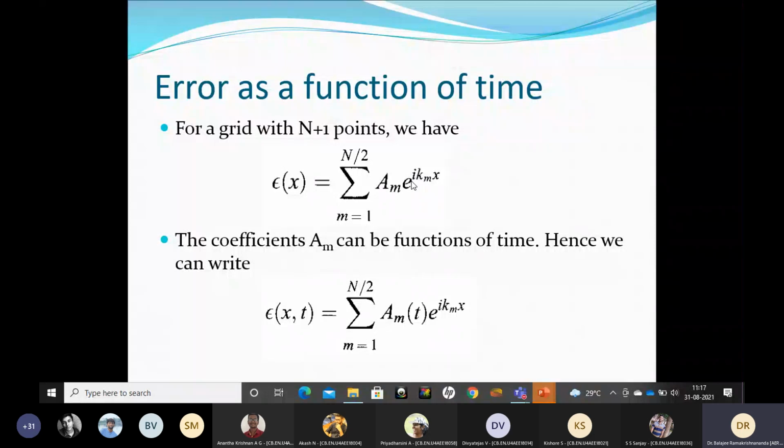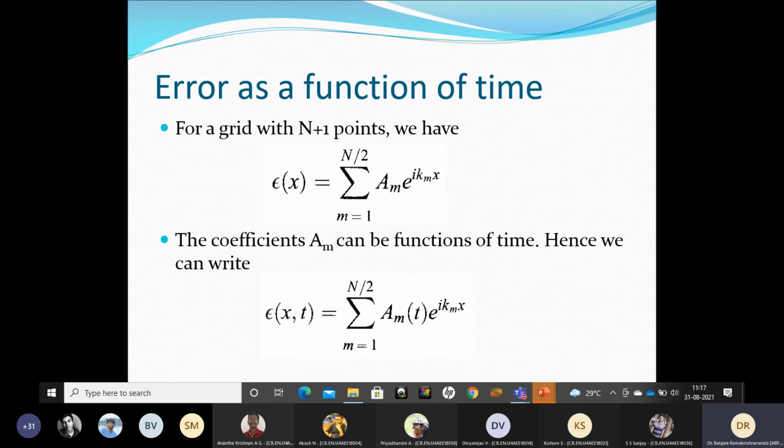Somehow the time should be factored. So we can write this as epsilon is the sum over m equal to 1 to n by 2 of AM, which is a function of time, into e power i kmx. So we are actually saying that the amplitudes of these different frequencies will not change with time if the grid is fixed.